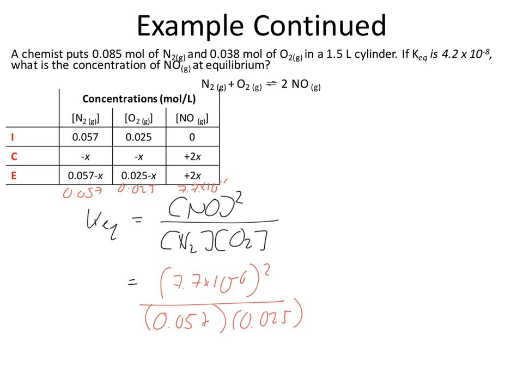And if we do this, we get 4.1 times 10 to the negative 8. So take a look at that. This is the value that we would have gotten if we omitted that small change. This is our actual K equilibrium value. So it is very, very close. We made a good decision in terms of getting rid of that. It makes our lives a lot easier.